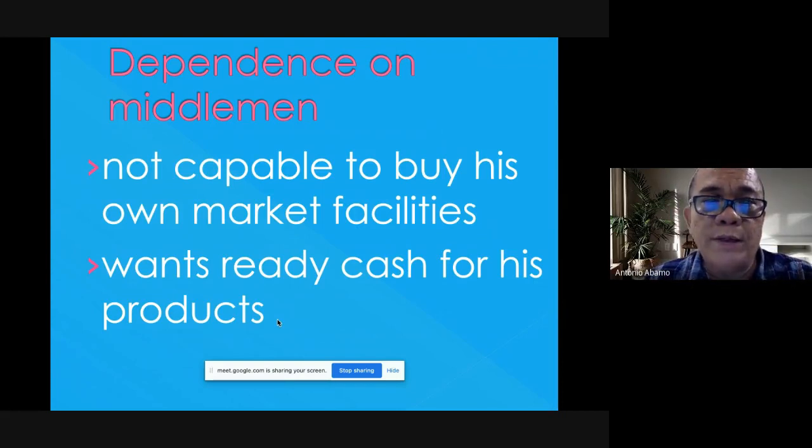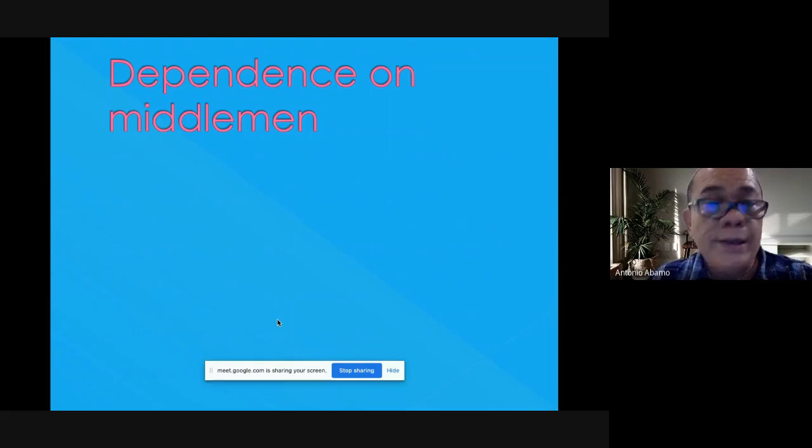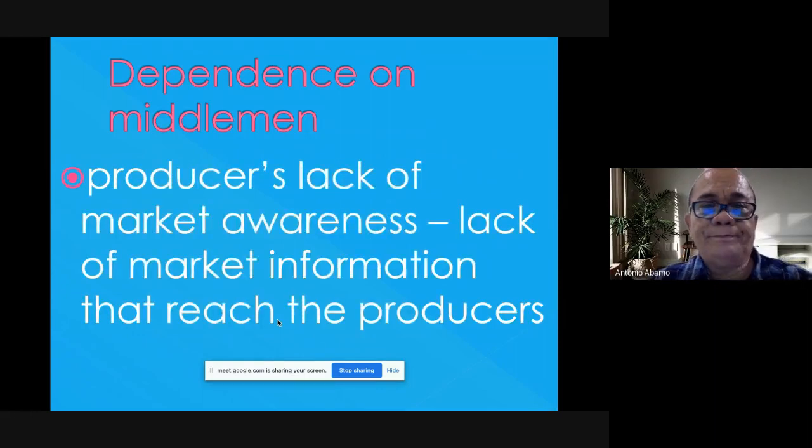So that's it. And then the middleman also is very important in providing awareness to the customer, because the middleman gives you the quality, quantity, and price information.